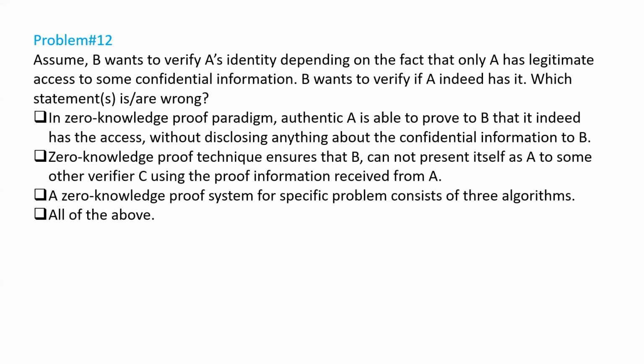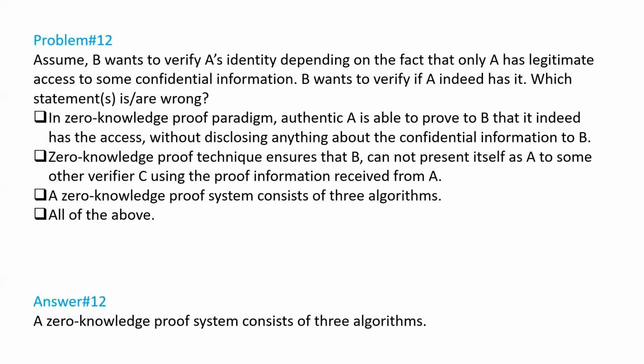The system is defined with respect to some particular relation or problem, where you have some claim and some witness to that claim, but you cannot disclose the witness in raw form to the verifier. So you make use of a proving technique and a verifying algorithm. Only 2 algorithms are there, not 3. So the third statement is wrong here.